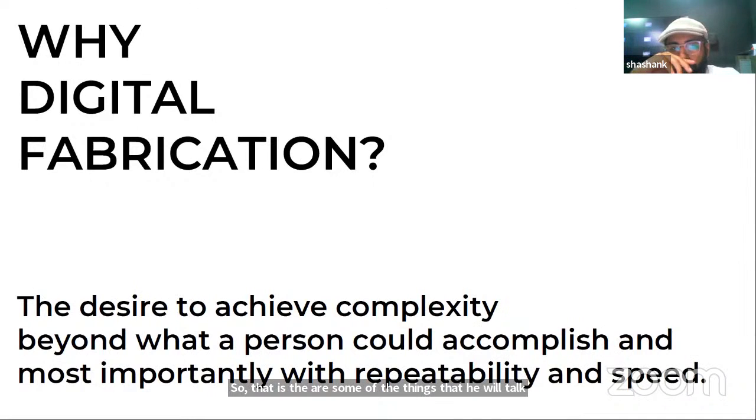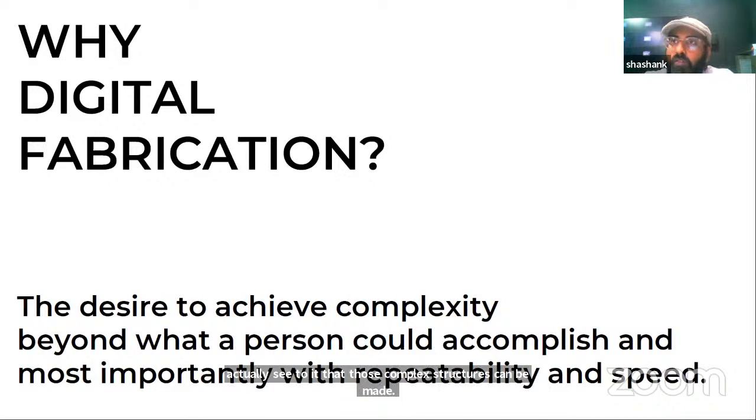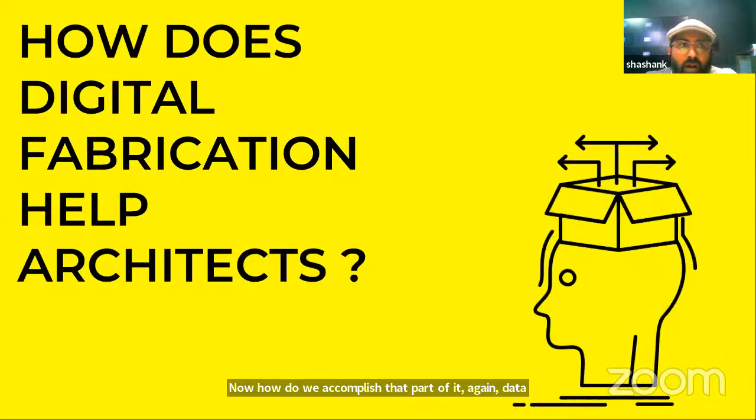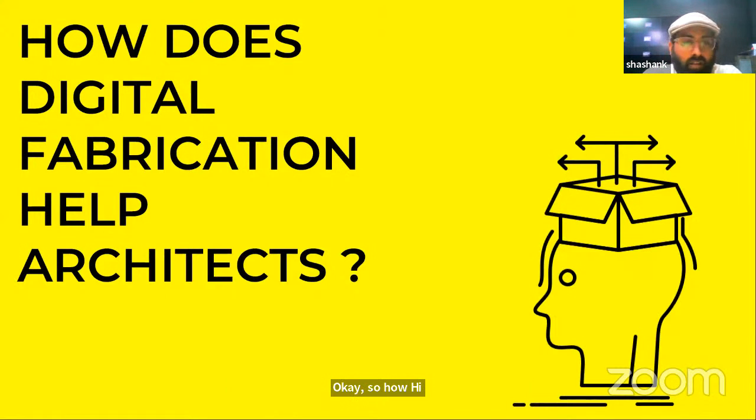So why digital fabrication? As it says clearly, it lets us design complex structures and actually see to it that those complex structures can be made. How do we accomplish that? That is something we will look into. So how does it help us architects?